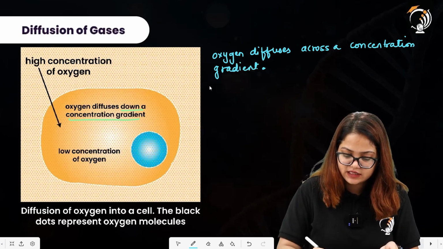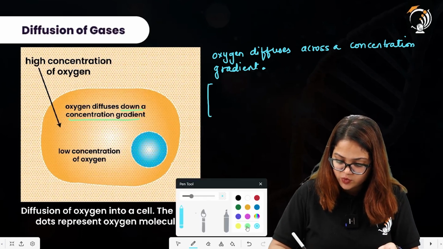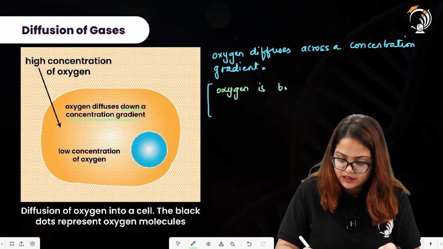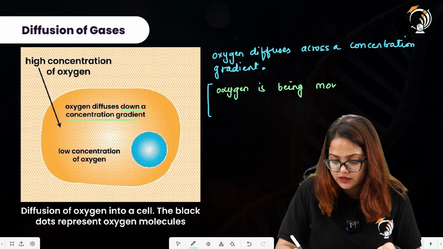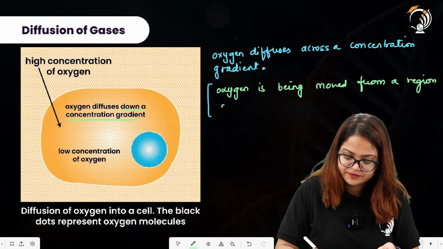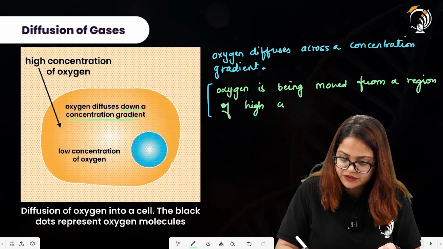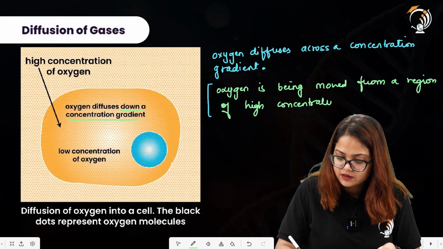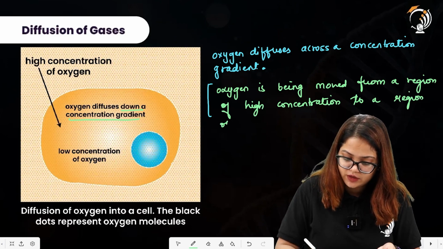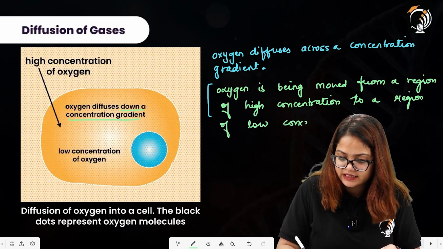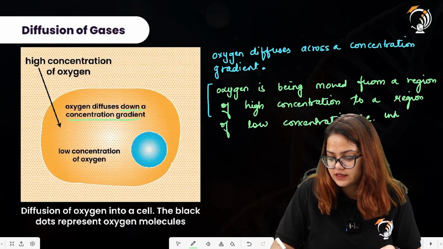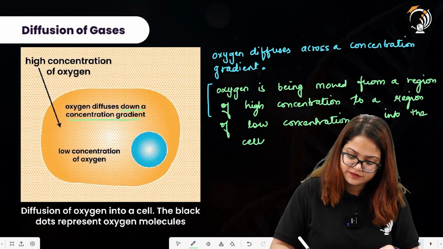That is, oxygen is being moved from a region of high concentration to a region of low concentration, that is into the cells here.